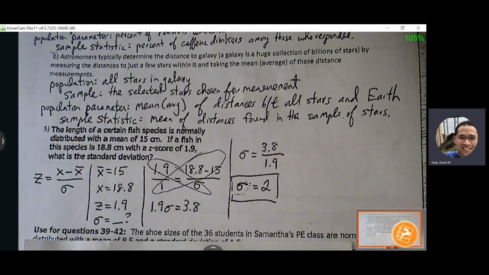X bar is 15. The specific x value is 18.8. My z-score is 1.9. So I just put all the pieces as part of my equation, cross multiply and solve for sigma.